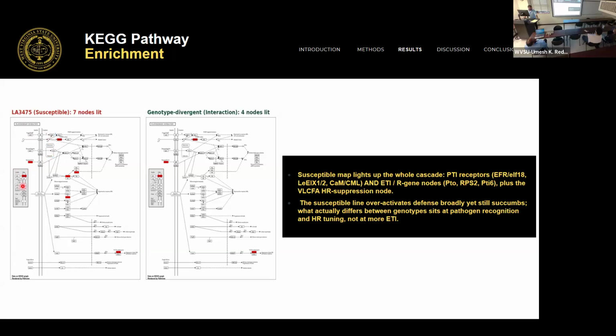So here we can see 7 nodes that are lit, which suggests that... I don't think I can see it appropriately, but it is like the cell wall, the two vertical lines, and these two boxes are the receptors, the surface receptors.